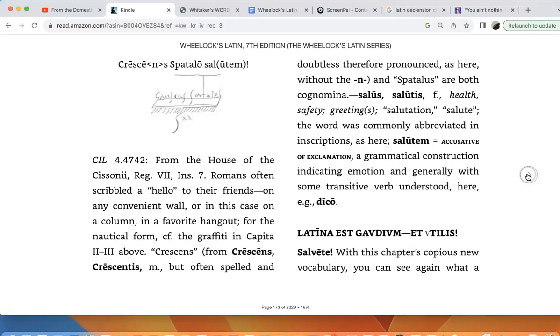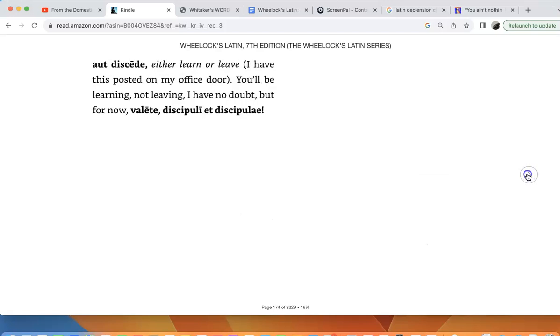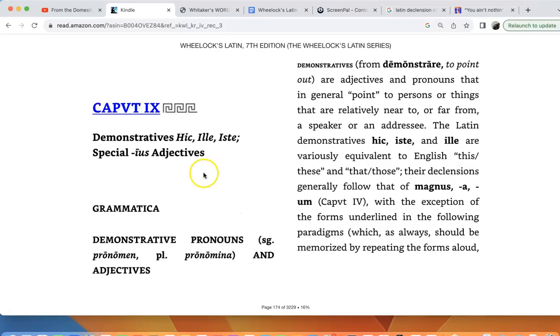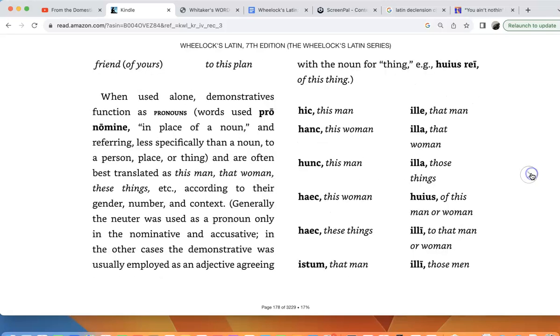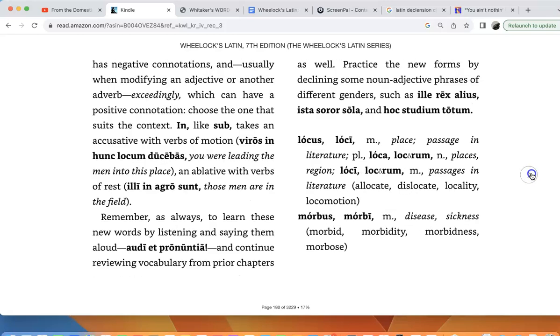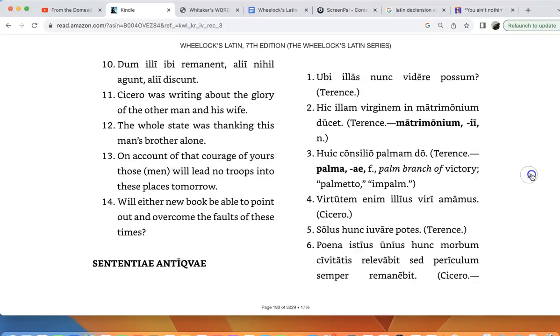And that is the end of what we're going to do. Our next chapter is demonstratives. So this one will require, as you'll see, like this man or that thing. And then moving on beyond that is chapter 10, which will be the last chapter.